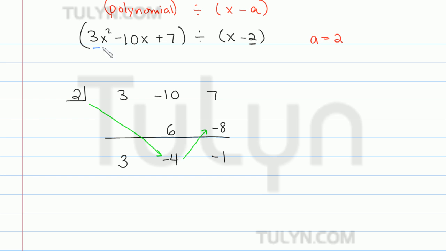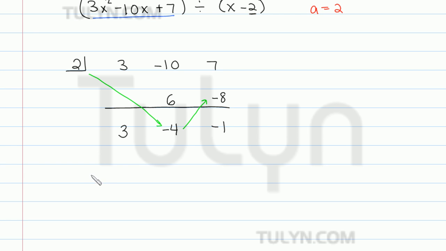So the first term of the dividend is of degree 2. So that means our quotient is going to be of degree 1. So our answer is going to look like 3x, right, because the leading term has to be of the first power if it's going to be of degree 1. And then the constant term is going to be -4, which means this -1 is going to be the remainder.